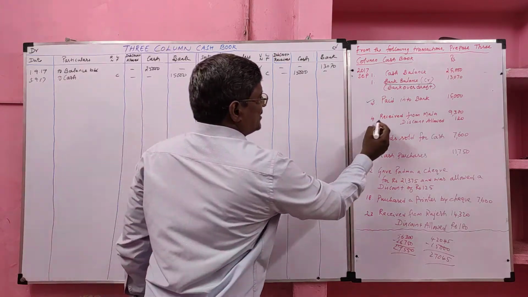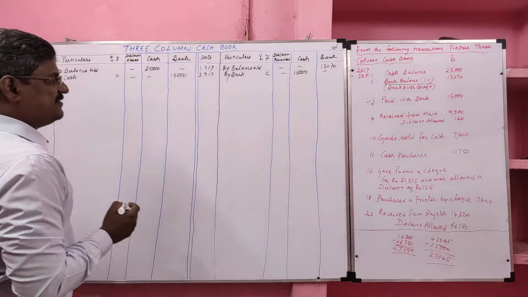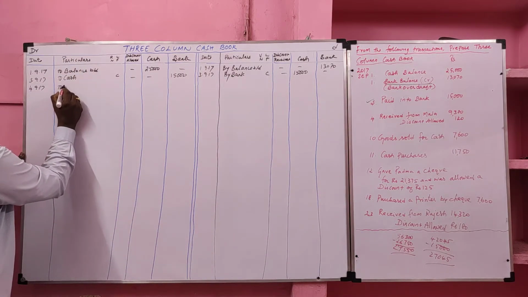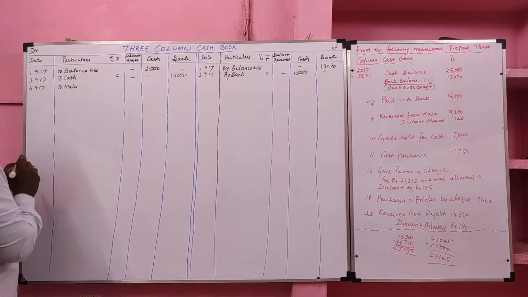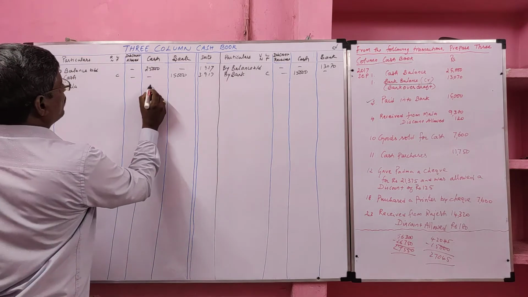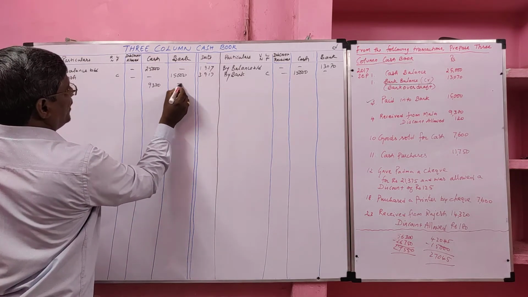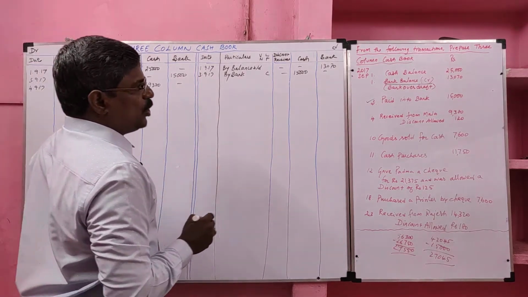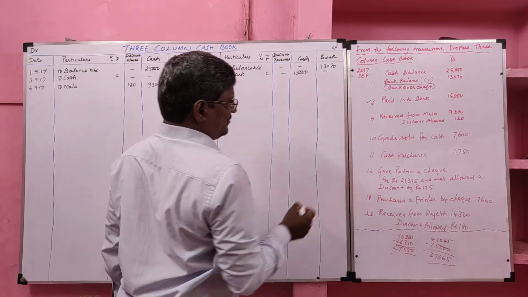Next, received from Mala. It is a receipt from Mala, 9,380. Discount allowed 120. Goods sold for cash 7,600.